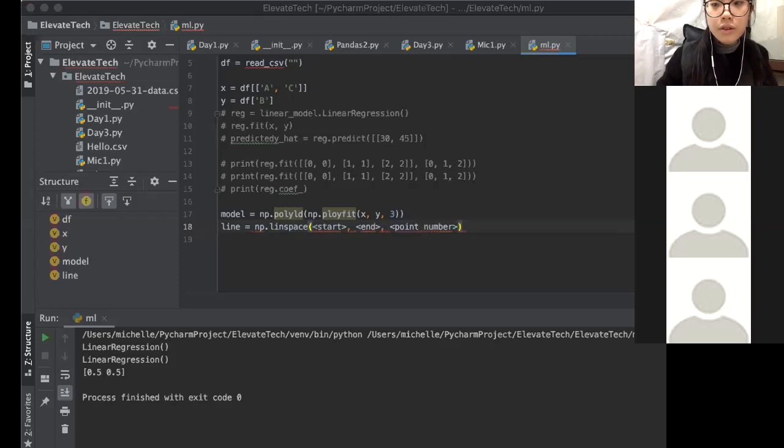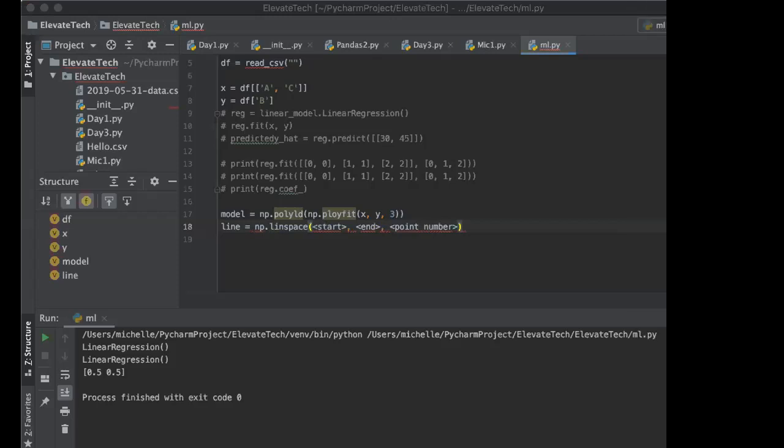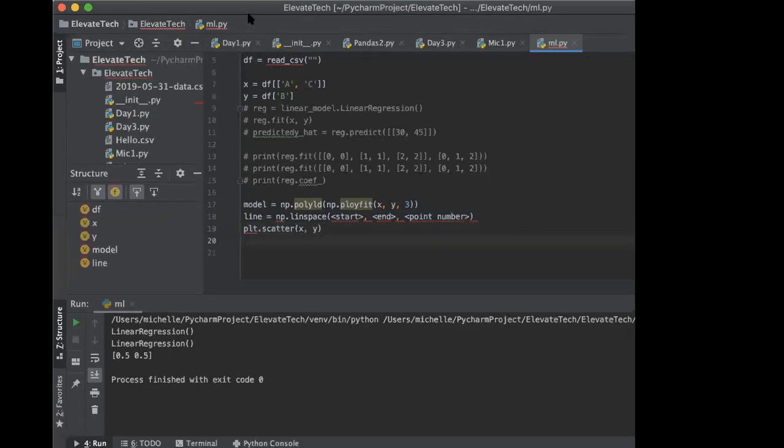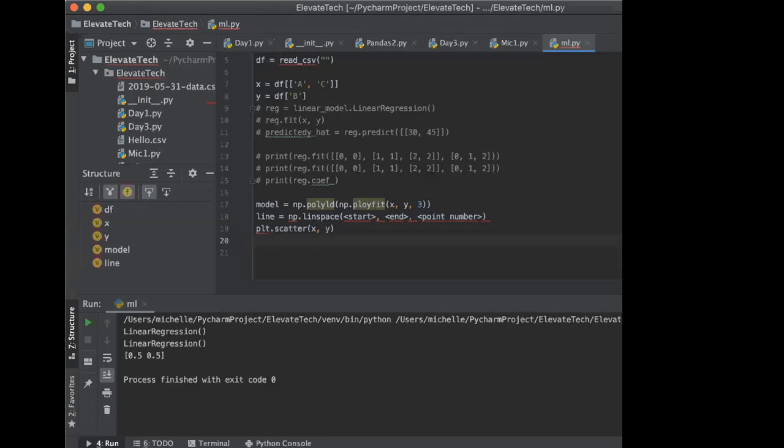And then you're going to draw a scatter plot, so just plt.scatter, which I also talked about yesterday. You set your x and y, and then you can do plt.plot for our line. plt.scatter draws these points out, but you also want the line, so plt.plot, then the line is just the line here, and then we use our model.